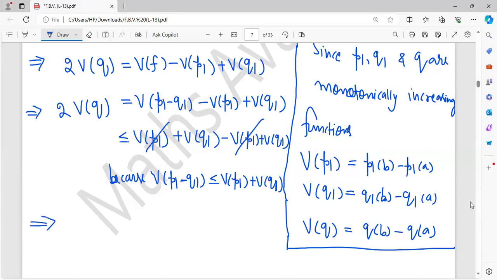So this implies 2VQ is less than or equal to 2 times VQ1. This cancels out.